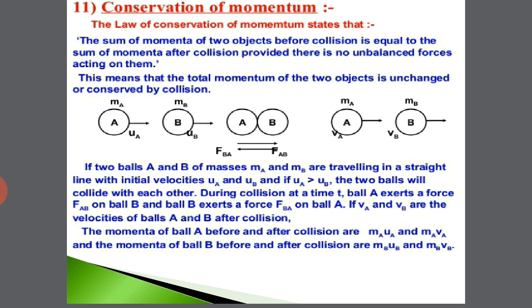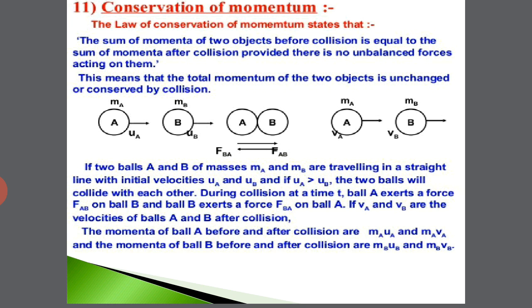You can see three diagrams there. For the collision to take place, UA should be greater than UB. And during collision both will exert force on each other.